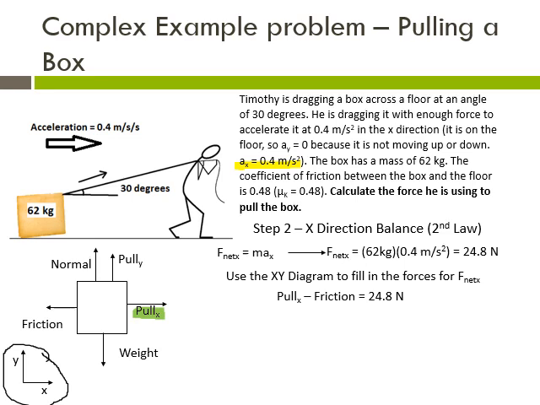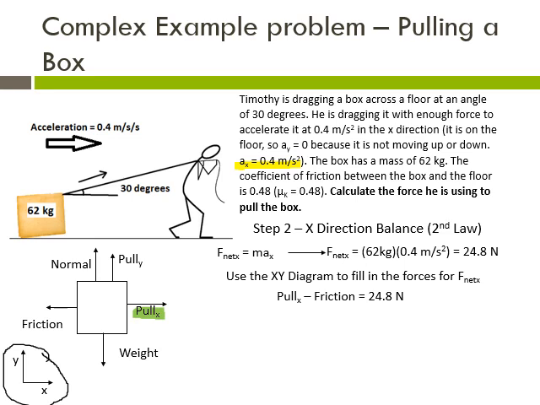And that equals 24.8. That equals mass times acceleration. So in previous problems, that had equaled 0 because we'd been at constant speed. In this case, it does not equal 0 because we are no longer at a constant speed. So it equals mass times acceleration. That's where that 24.8 comes from. It's a little annoying. It just throws an extra number in that we have to deal with. So we just need to keep track of it as we do our math.